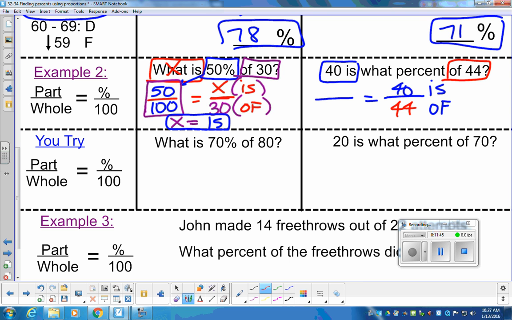What is unknown this particular time is the percent. And because of the definition of percent, you're going to say that it's out of 100, the percent. What percent? We don't know the percent, so how much out of 100? Cross products and solve.